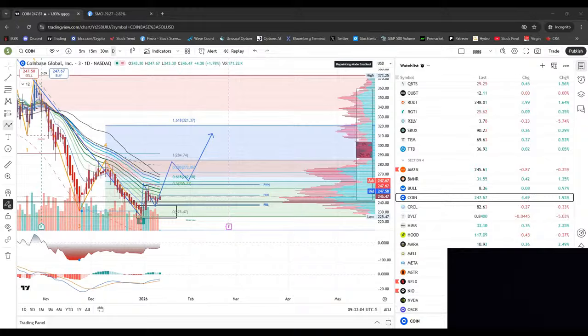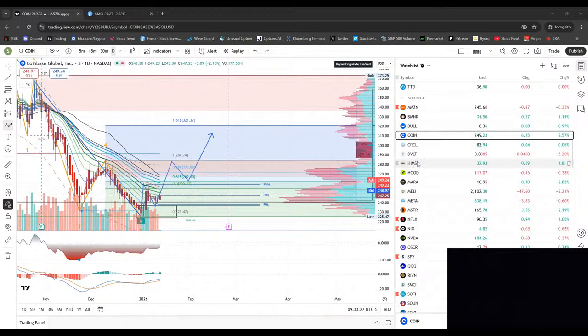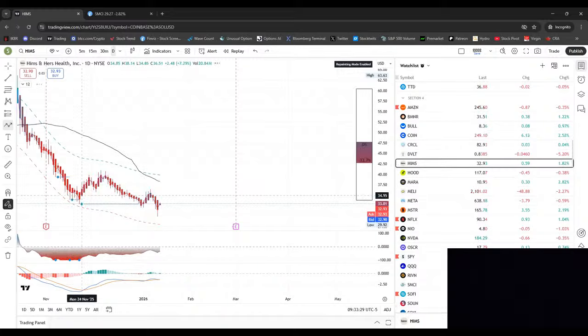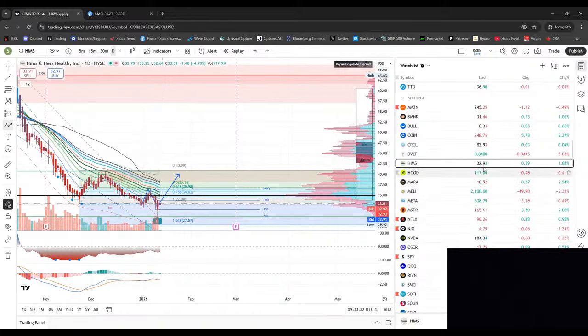Let's see. 15x. Okay, that's cool. Once they adjusted. Okay. Coin is bullish. It's pushing higher. Very good. HIMS is coming back right here when you see the candle engulfing.